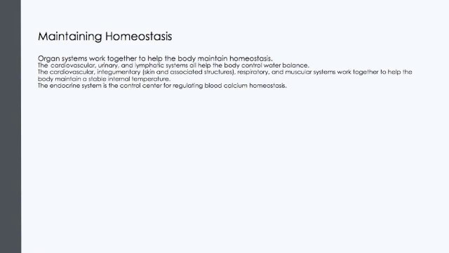Simple body forms, such as two-layered sacs and flat shapes, do not allow for much complexity in internal organization, but animals with more complex body forms face the same basic problem. Every living cell in the body must be bathed in fluid and have access to oxygen, nutrients, and other resources from the outside environment.